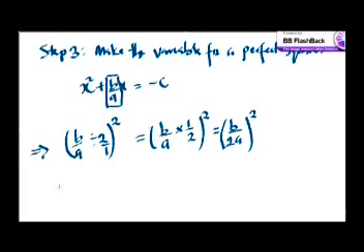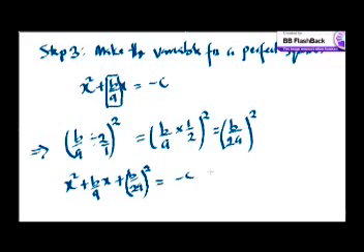Now when we add it, we have x squared plus b over a x plus b over 2a all raised to the power of 2, is equal to minus c over a plus b over 2a all raised to the power of 2.